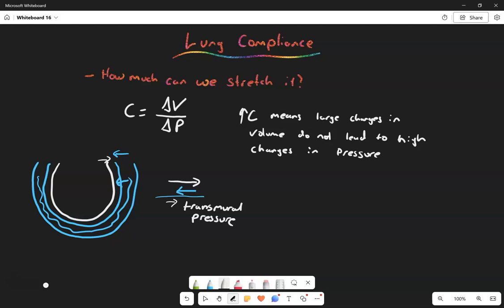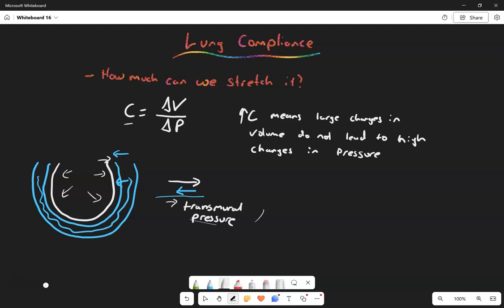And sort of what we are looking at when we look at compliance is how much can I expand this volume of the alveoli before I get large changes in this transmural pressure, right? So we want to see, can I expand the lungs without creating these large changes in the pressure, right? And that is what we call compliance.